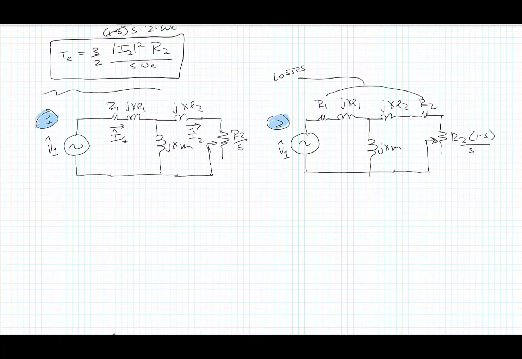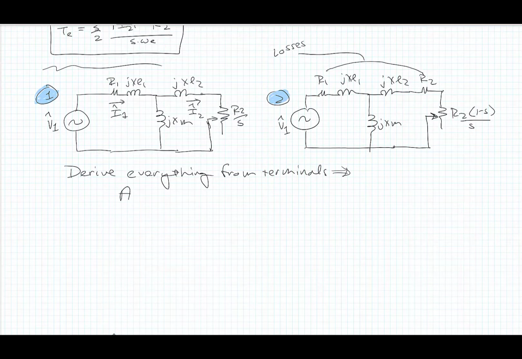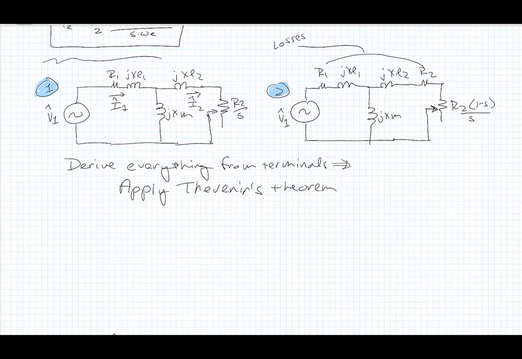It would be really nice if we could derive everything from the terminals and not have to go through all this math to do it every time. So what we could do is apply Thevenin's theorem and come up with an equivalent circuit, since what we're always interested in is what's happening on the rotor side.